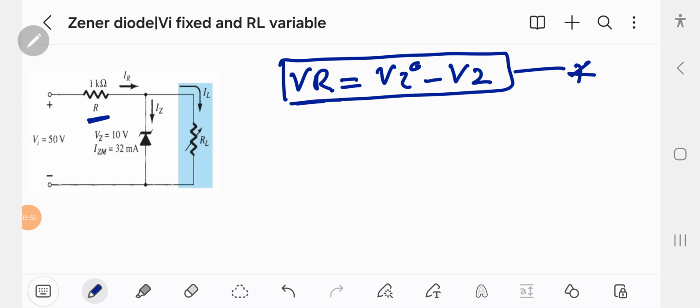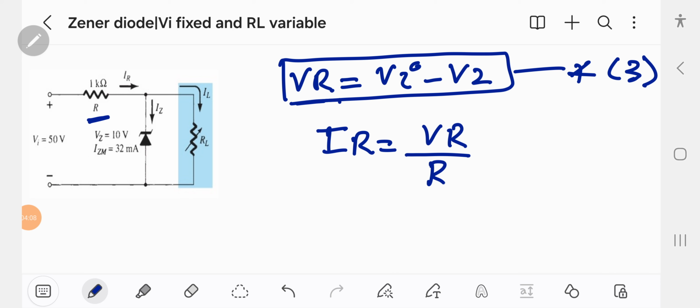So from this equation we can get VR, we consider this as equation 3. So IR here in this case is equal to, this is considered to be equation 4.